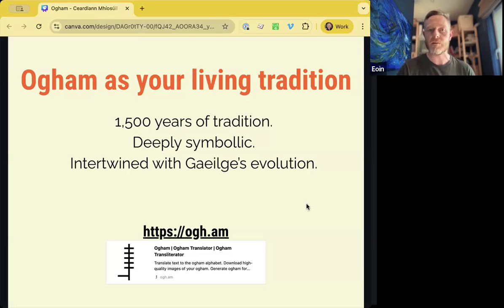There are all these different types of Ogham, even though there's a standardized type with names of the letters. And it's intertwined with Gaelic's evolution. It goes back to primitive Irish, Old Irish. So it has grown with us. And David Stifter in that video gives the example where you've got names that have evolved over the centuries and their spelling in Ogham changes. So it's kind of a relic, or it shows us how these names have actually changed over time.